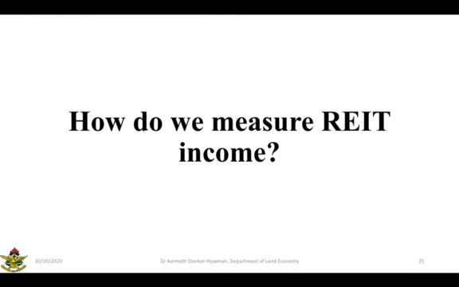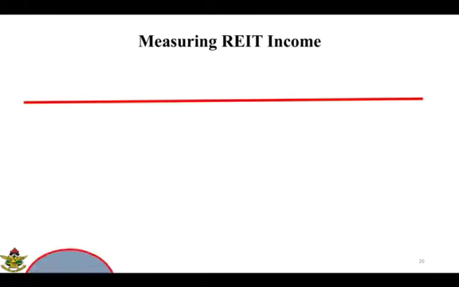So, the question I'd like to pose at this time is, how do we measure REIT income? From the brief introduction I have given, you will realize that there are at least three main ways to measure REIT income. These three main ways are: 1.